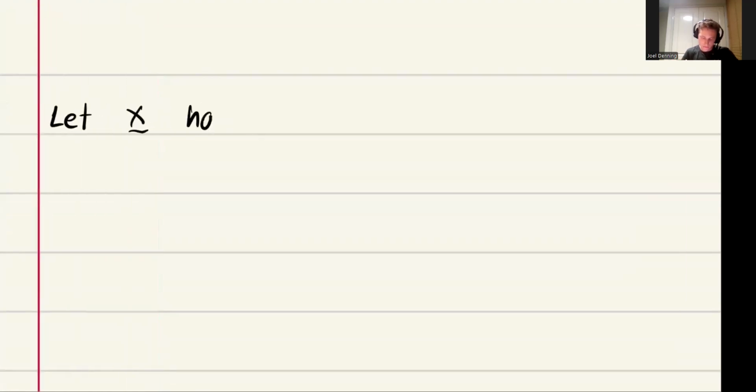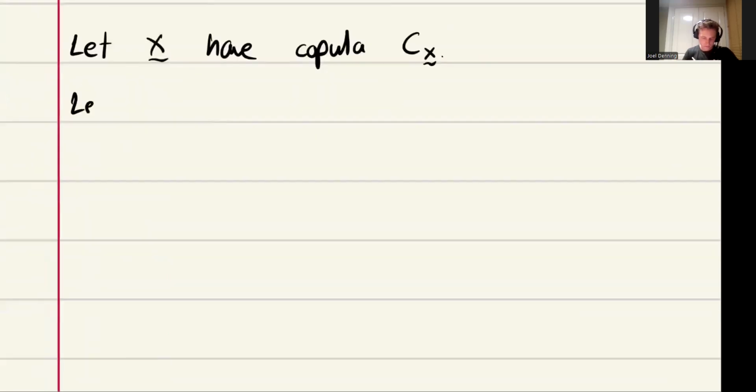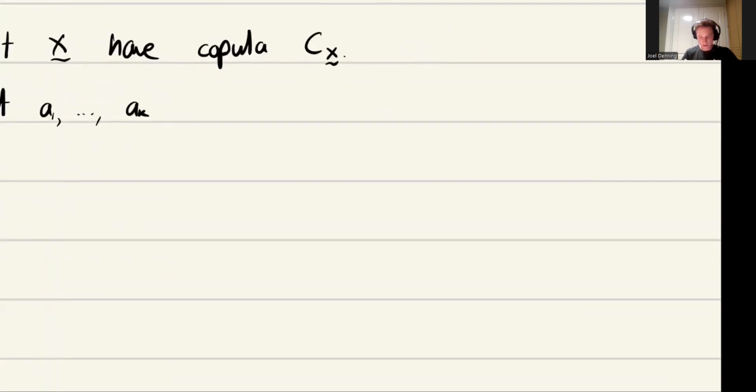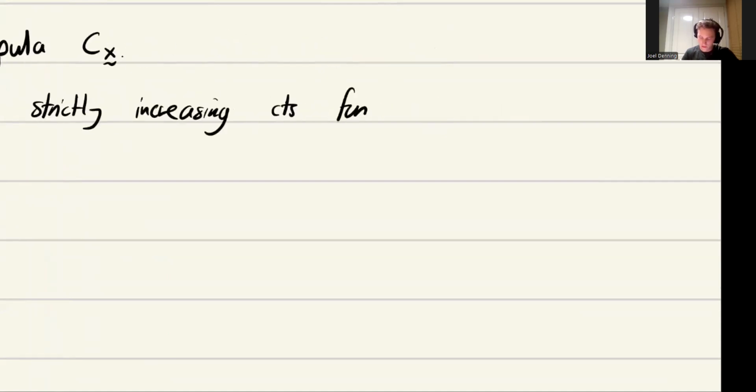Okay, so to start, I'm just going to define a couple things. Let x tilde have the copula given by C x tilde. Let A1 up to AK be strictly increasing continuous functions.